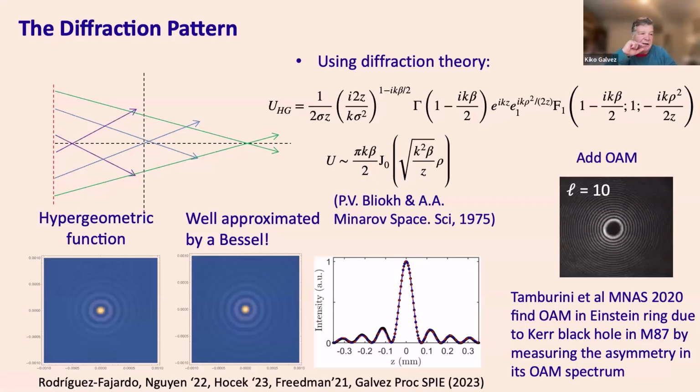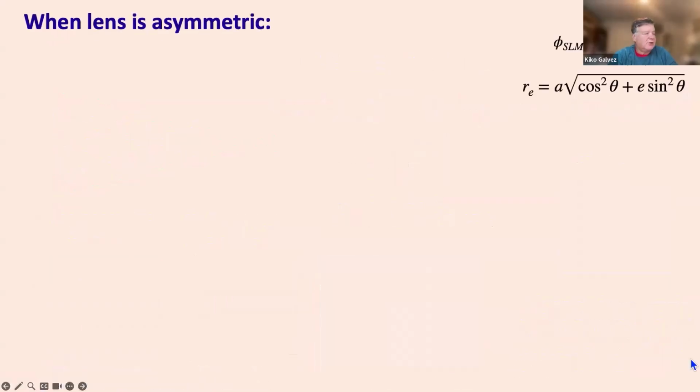A Kerr black hole, which is a rotating black hole, produces a drag in the spacetime that imparts angular momentum to the light.